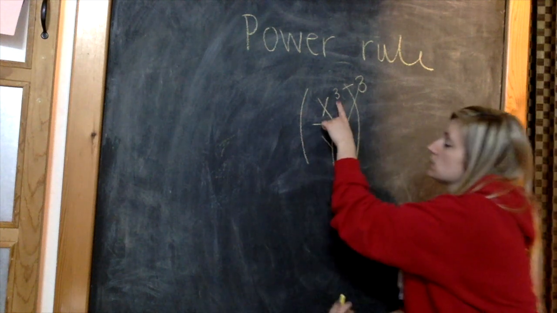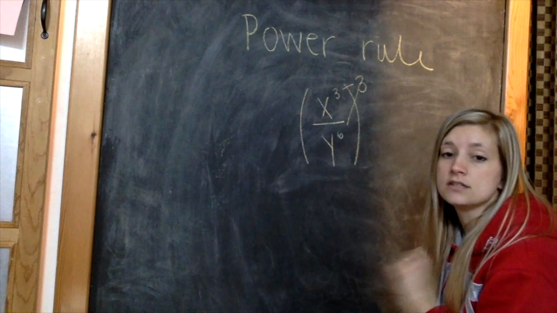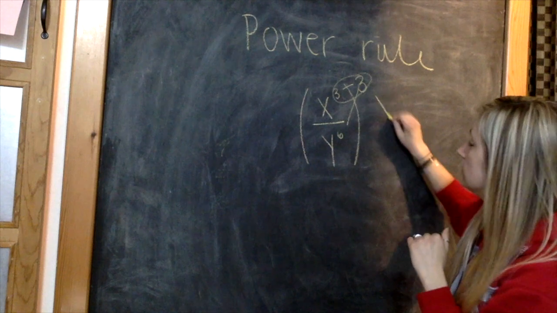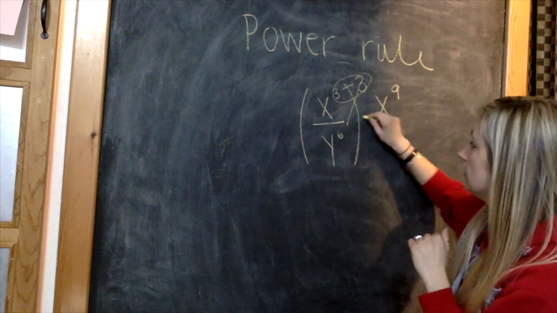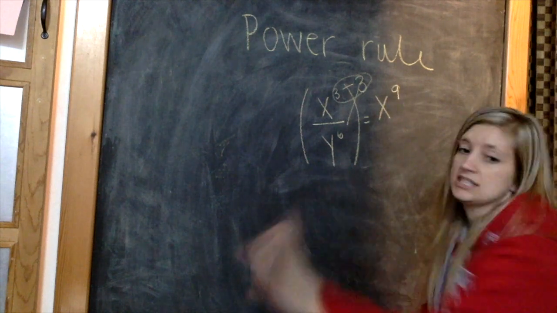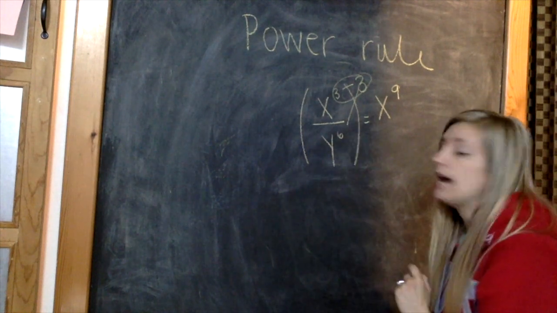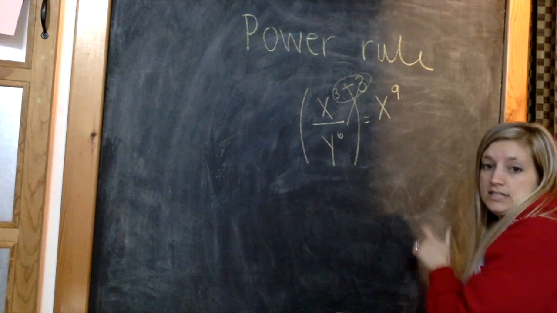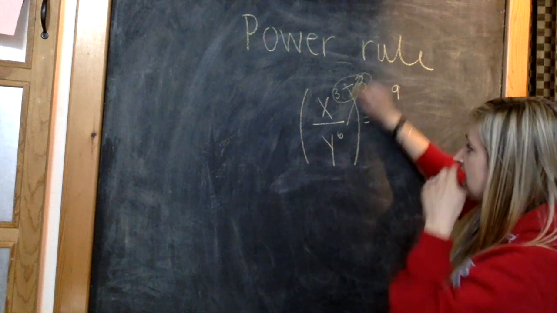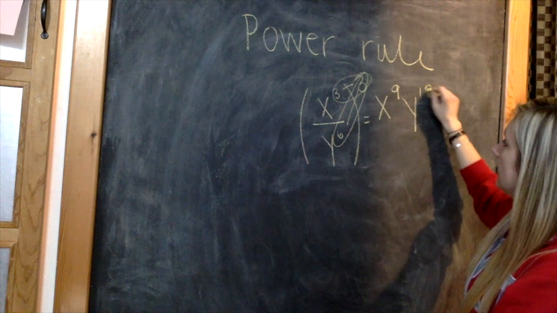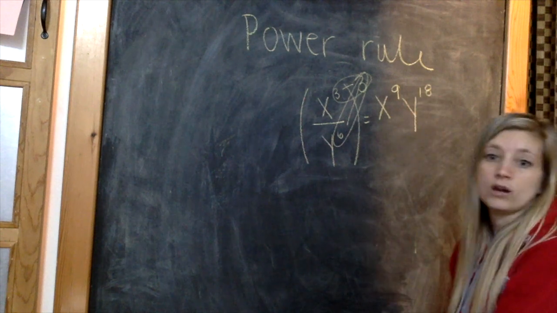So I have x to the 3rd 3 times, so 3, 6, 9, or multiply 3 times 3, x to the 9th. And then I have to do the same thing on the bottom. I would have y to the 6th 3 times. So I have 6, 12, 18. Or I could just take 6 times 3. So y to the 18th. And then you are finished.